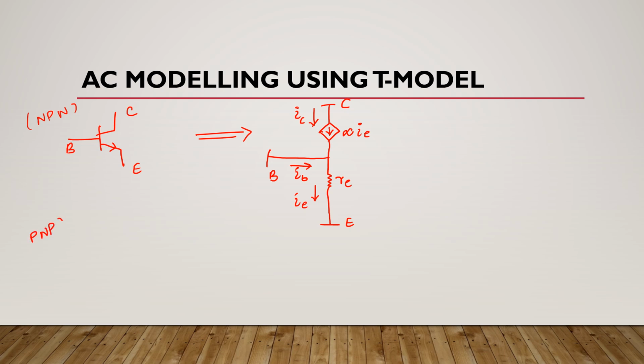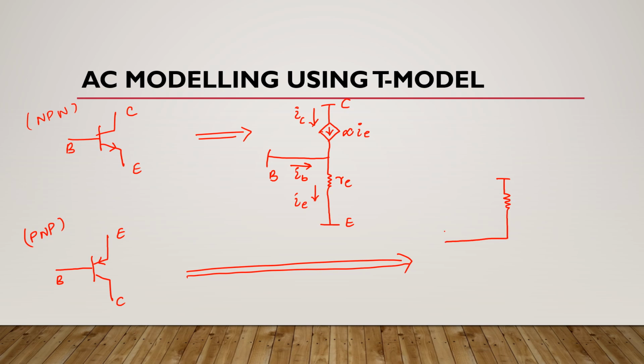Now what about PNP transistor? We know that the symbol of PNP transistor is like this, where the arrow is here. Now this terminal is emitter, this is base, and this is collector. So its equivalent T model circuit will look like this, where now this current source is here.